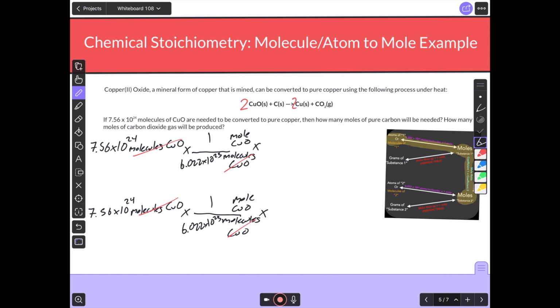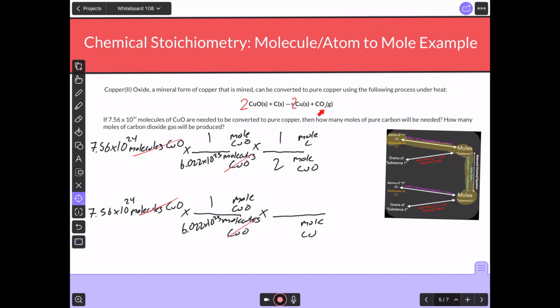So to get to moles of carbon, we first need to put moles of carbon in the copper oxide, so that they cancel out. That has to be for both of them. Now we use the mole ratio. It's 2 to 1 for carbon, which is our problem on the top. 2 to 1. And it's 2 to 1 for carbon dioxide, which is on the bottom here.